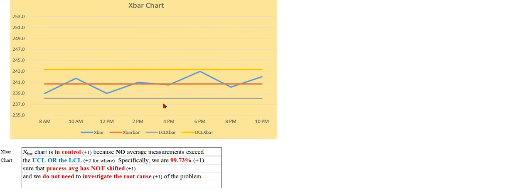Again, 2 points for stating that it doesn't exceed either the upper or the lower. Specifically, we are 99.73% sure, +1 point, that the process average has not shifted, +1, and we do not need to investigate the root cause of the problem, +1.